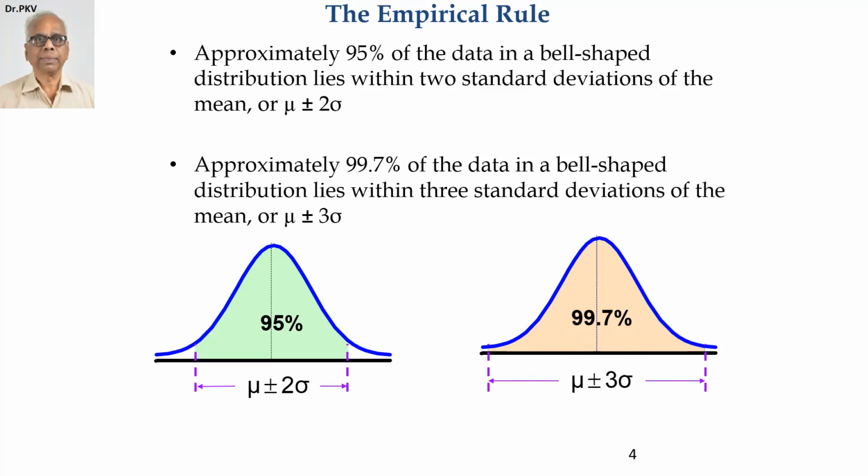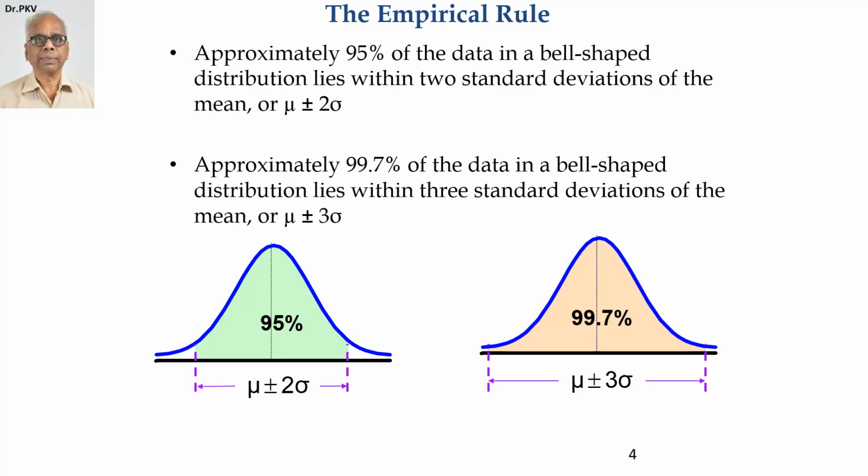So to recapitulate, if you take mu plus or minus sigma in a distribution that looks like a bell, it will be 68% of the data points approximately in that range. And if you take 2 sigma departure from the mean, it will be 95% of the time the data points will be in that range.